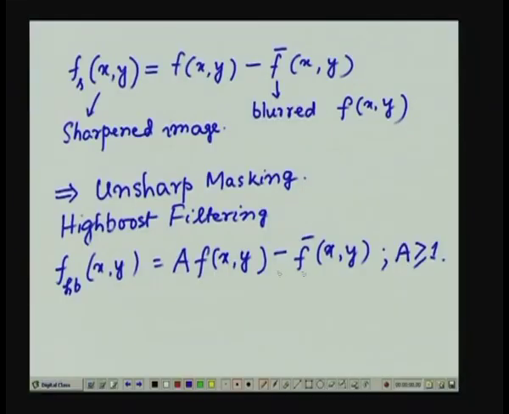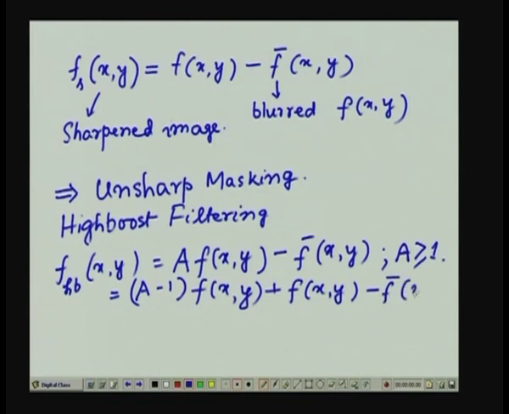Now, I can rewrite this particular expression in the form (A minus 1) f(x,y) plus f(x,y) minus f bar(x,y). Now, this f(x,y) minus f bar(x,y) is nothing but the sharpened image f_s(x,y).